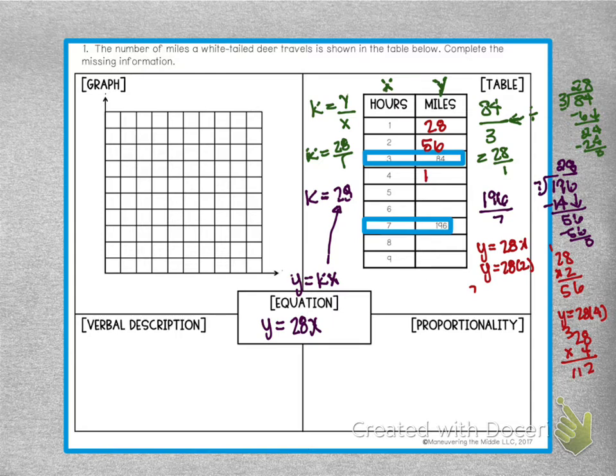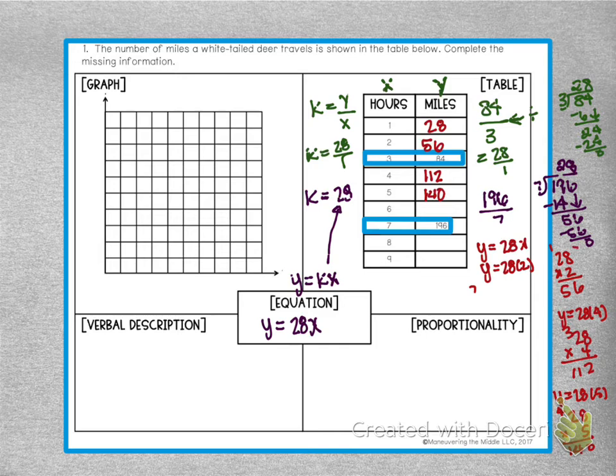So that's 112. And then y equals 28 times 5, plugging into the equation. 8 times 5 is 40. 5 times 2 is 10, plus 4 is 14. So that's 140.